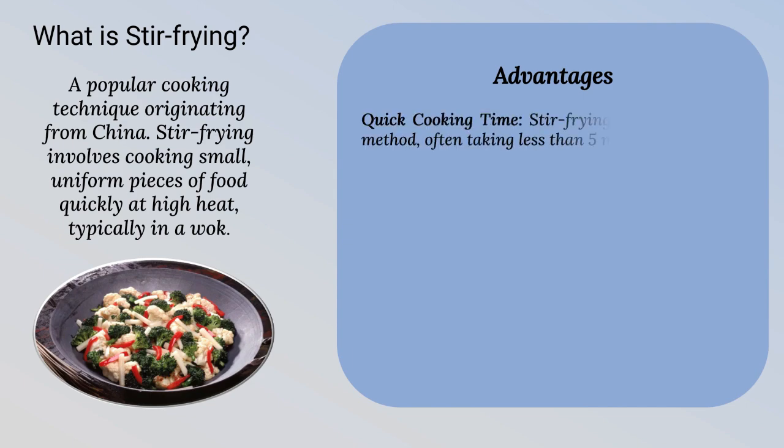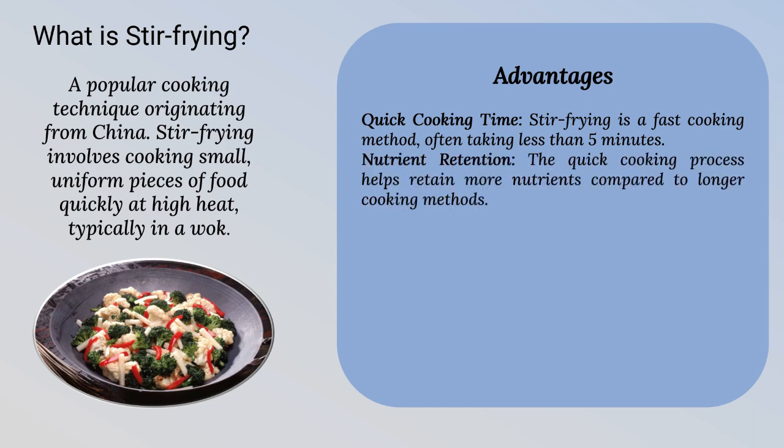It has got some advantages. Very quick cooking method. Stir frying is a fast cooking method, even taking less than 5 minutes. It is just tossed, flipped, and then served to the guest. Nutrient retention. The quick cooking process helps retain more nutrients compared to longer cooking methods. That is very obvious.